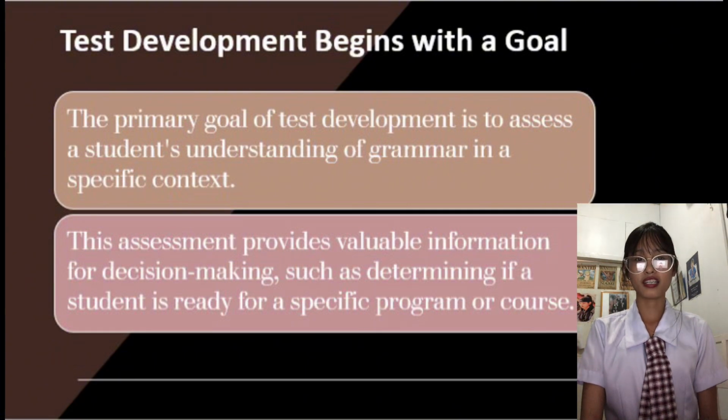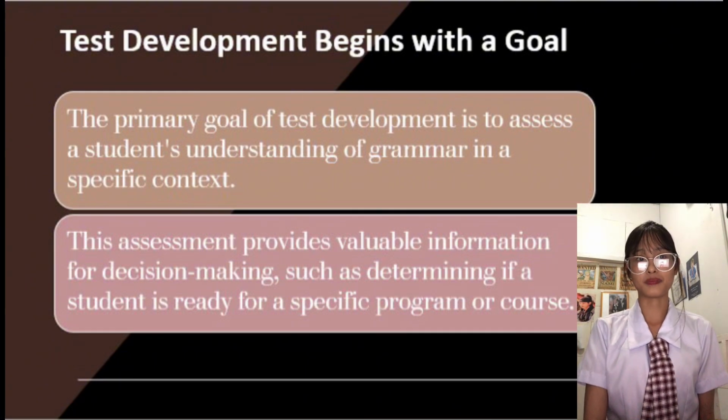For example, a test for a business communication course might focus on how students use grammar in emails, presentations, or reports rather than just testing their knowledge of verb tenses.